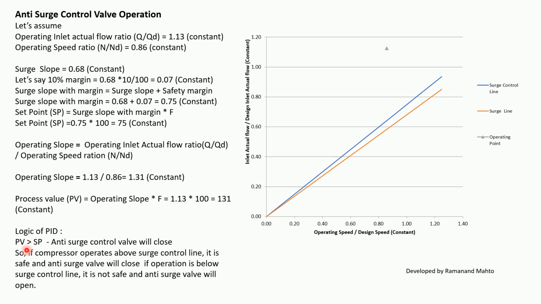So the logic of PID: PV, which is 131, is greater than SP, which is 75. So PV is greater than SP, and the anti-surge control valve will close. If the compressor operates above the surge control line, it is safe and the anti-surge control valve will close. However, if operation is below the surge control line, it is not safe and the anti-surge control valve will open.